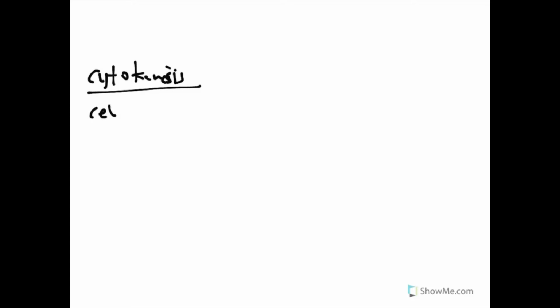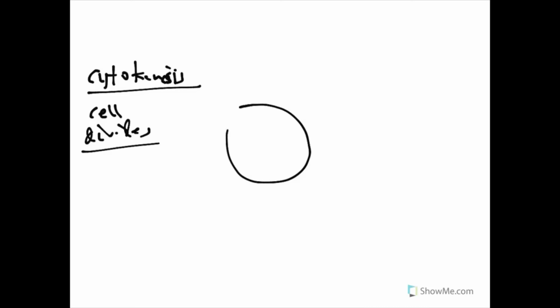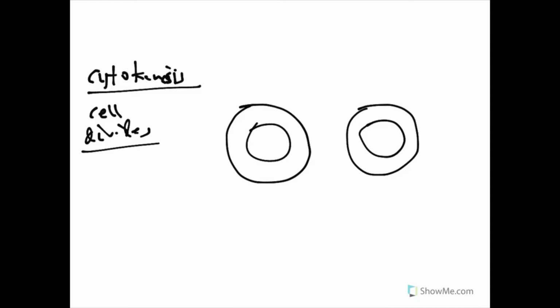Cytokinesis is when the cell divides. It separates a cell. We have a cell here, we have a cell here, and their nuclei, remember, are containing my chromatids that I had. And we have 2 diploid cells. These cells are diploid because they have 1 copy of each chromosome.